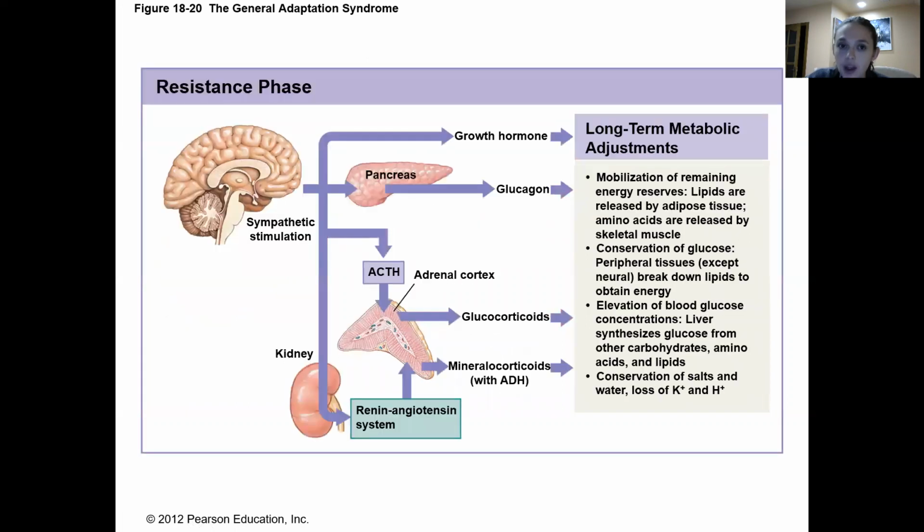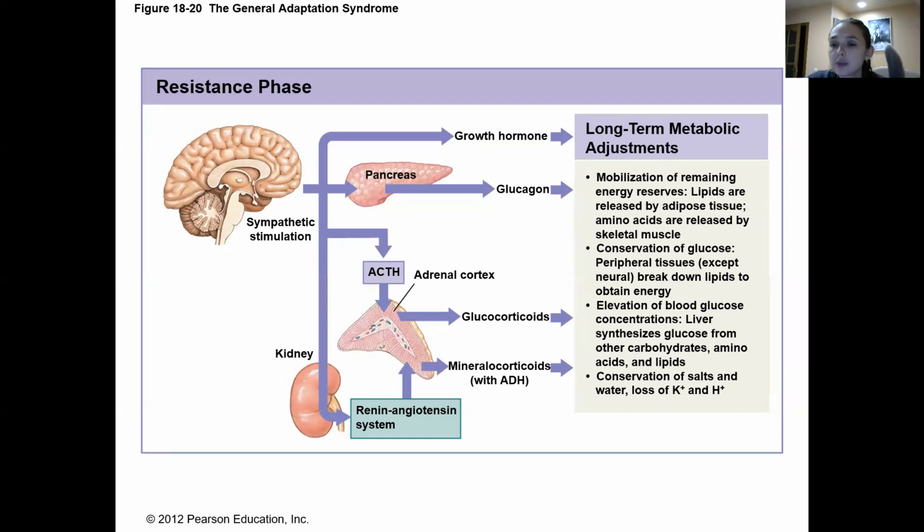The next stage is the resistance stage, during which not only the adrenal medulla is activated by sympathetic stimulation but also the pancreas, which releases glucagon. The main function of glucagon, as we discussed previously, is to break down glycogen to produce glucose and increase its level in the blood.